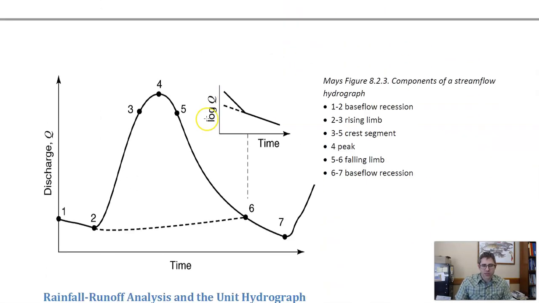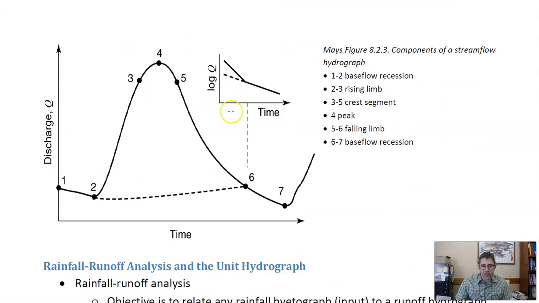So, various aspects of the hydrograph, and again, here's the same thing with different definitions of what's going on. One thing that we won't do much in this class, but that hydrologists do, is if they're recording the flow rate in a creek, for example, they might get a hydrograph that looks like this after a storm event.